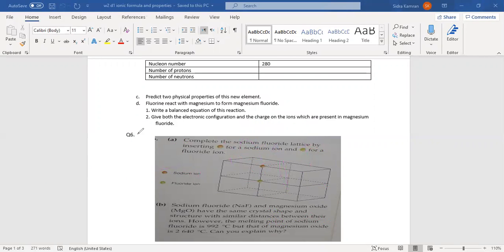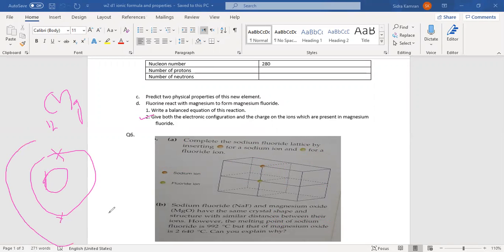Next is: give both the electronic configuration and the charge on the ions which are present in magnesium fluoride. In the same way as we did for calcium chloride, magnesium has atomic number 12. So the first shell has 2 electrons and the second shell has 8 electrons.